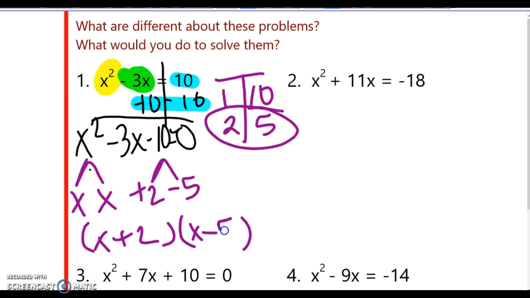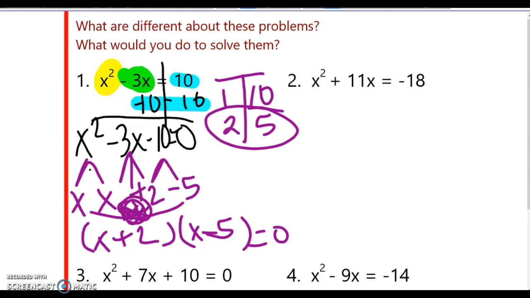It does. If I do the work in here, I get positive 2x, negative 5x. Those together give me negative 3x. So there we go, that equals 0. Now you might be further along and be able to find solutions to those, but we're not going to do that in this video because my goal is just the factoring piece.